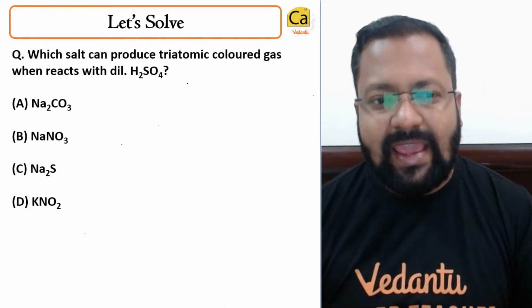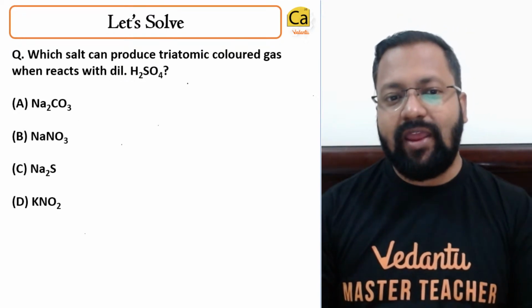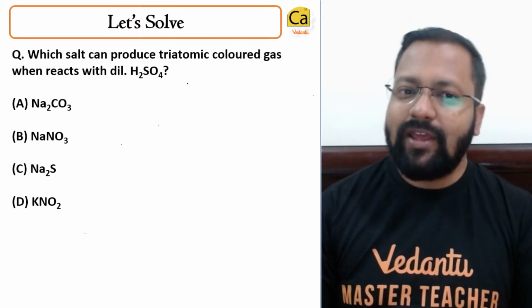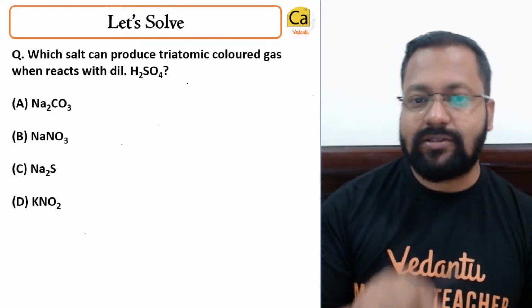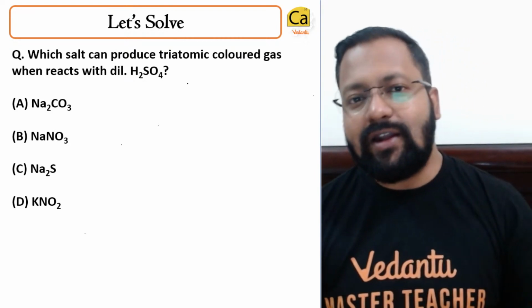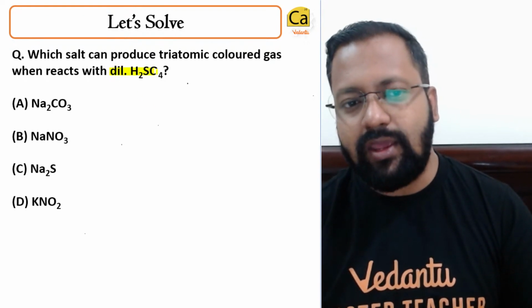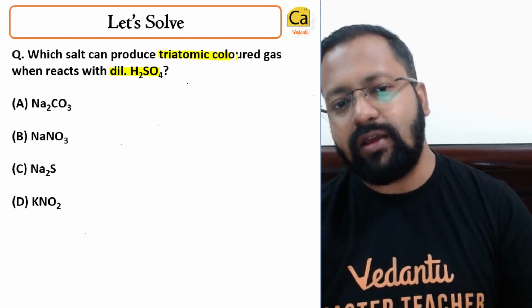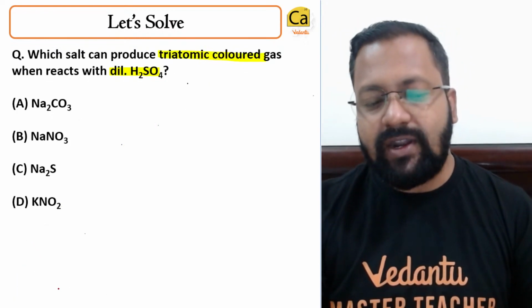Which salt can produce a triatomic colored gas when it reacts with dilute H2SO4? Triatomic colored gas. Now tell me, which gas was obtained in the reaction with dilute H2SO4? Now dilute H2SO4 gives rise to different gases.